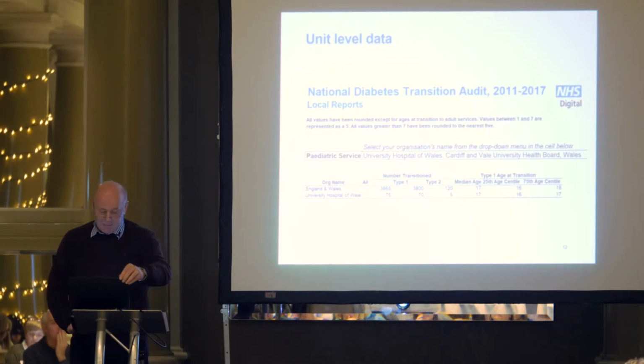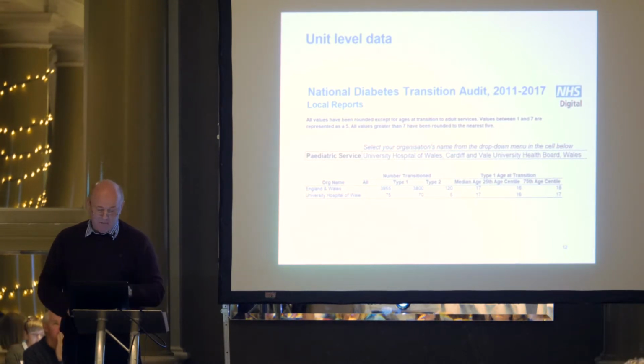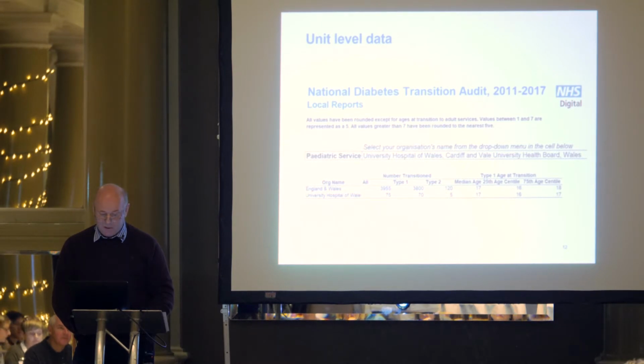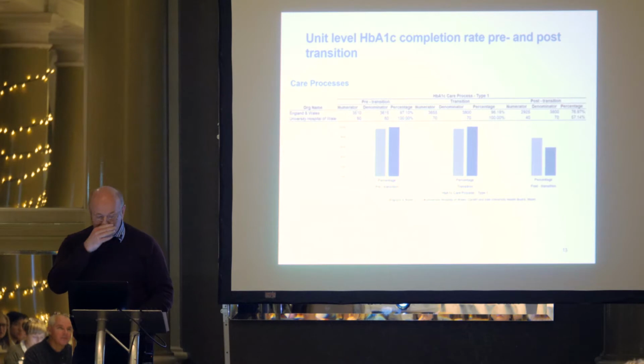So I've just put up my own centre, University Hospital of Wales, because I didn't want to embarrass anyone else. So we transitioned here 75 children, 70 of which had type 1 and 5 had type 2. This is amongst that 3,800 children. And all I've just shown you is the first one, which is completion of HbA1c.